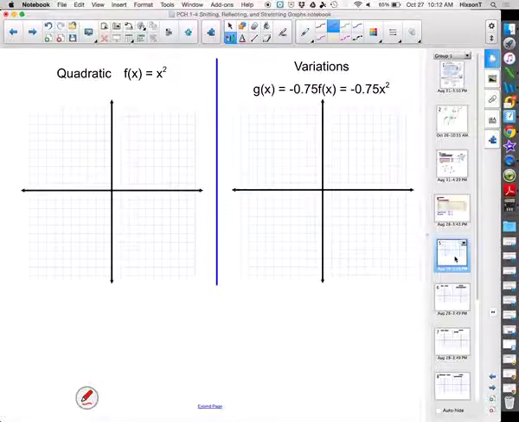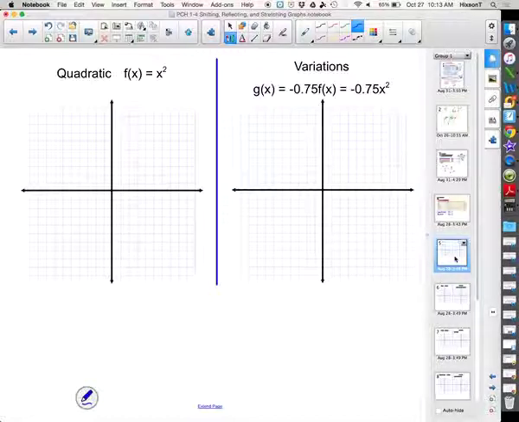So we're identifying our parent function, and for right now we'll sketch the parent function and then sketch the variation of that parent function. But then we'll write down what actually is changing, and then we'll sketch it.